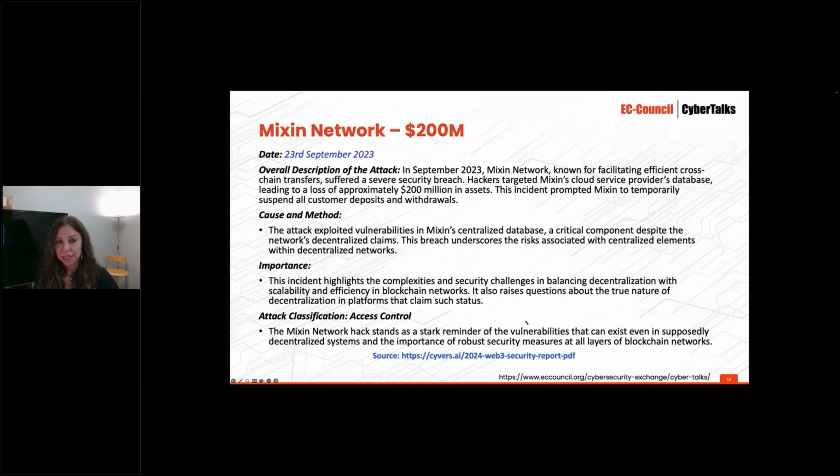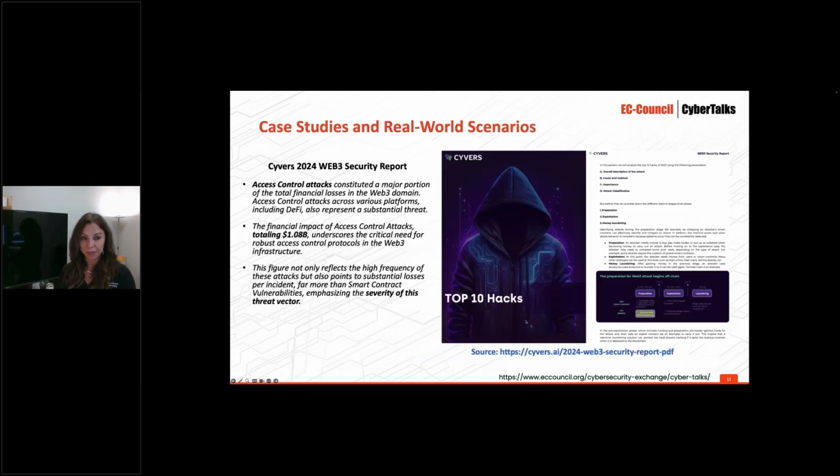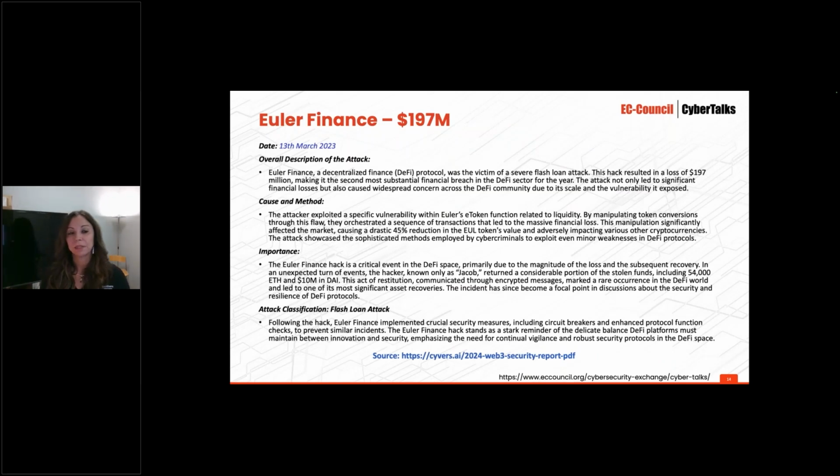All right, the next scenario is another one that happened, and this is again on a decentralized DeFi protocol, so Euler Finance, and this is an example of a victim of a severe flash loan attack. This is something where the threat actor is taking advantage of a smart contract flaw.